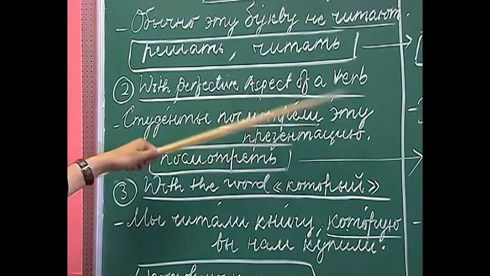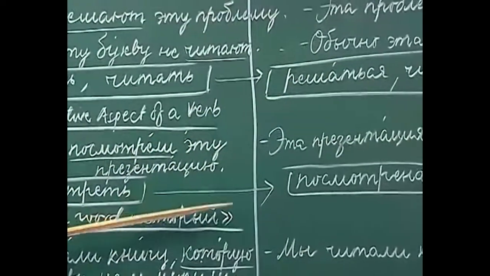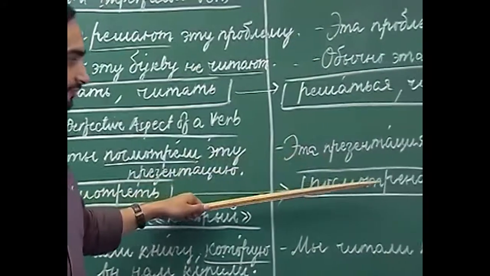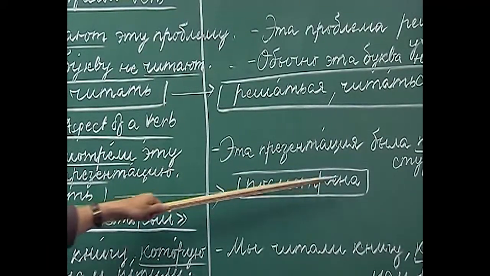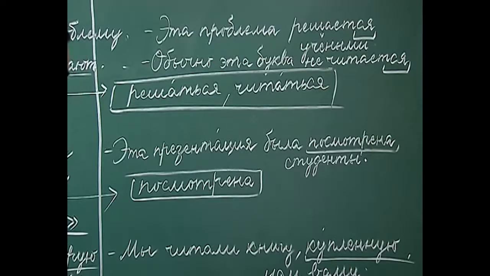So, how do we convert this active construction into passive? By using the short form of the participle. So, from pasmatrech, what short form of the passive participle do we derive? Pasmotrena. So, eta presentatsia bila pasmotrena studyantami.